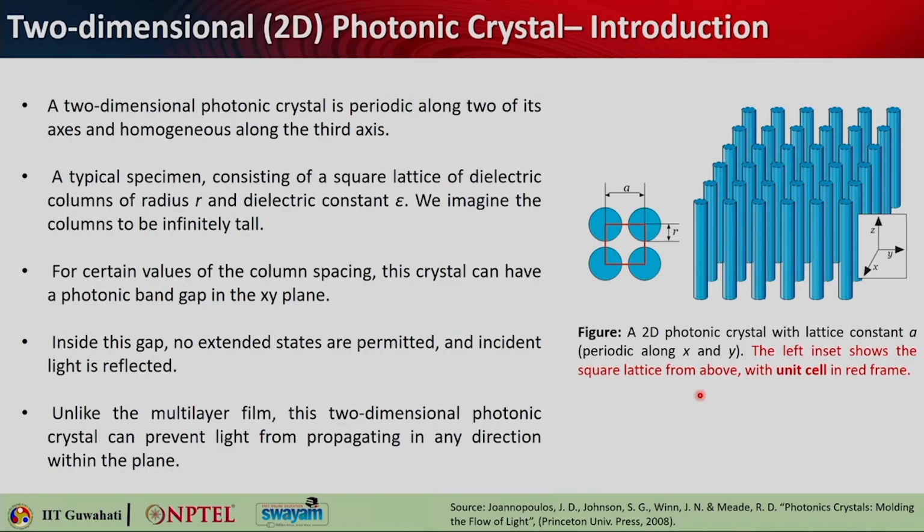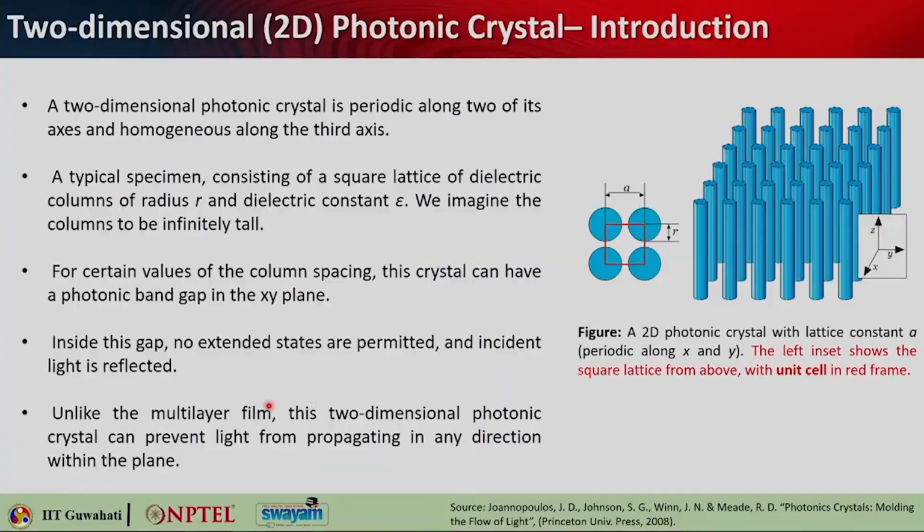That is something very interesting: when we talk about the photonic band gap, the incident light can fall from any direction, and it will have the same reflection effect. It will not be able to penetrate into this crystal and propagate through it.